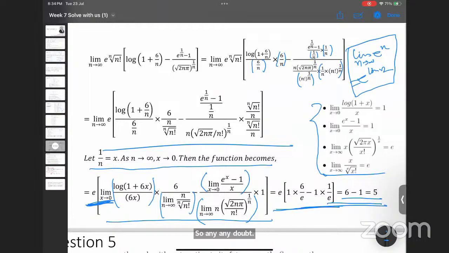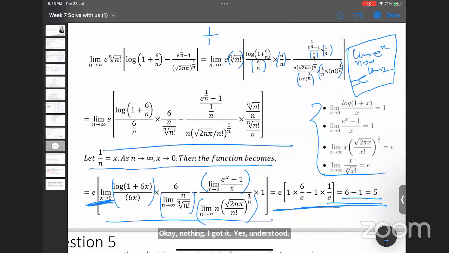Ma'am, could you please explain how the 6 by n by n factorial in the root came? There was something outside the bracket, right? This one, this term. Okay, nothing, I got it. You got it, right?